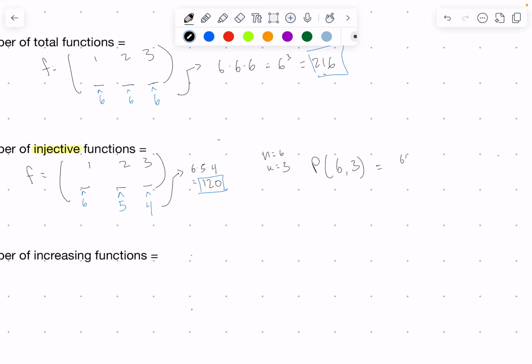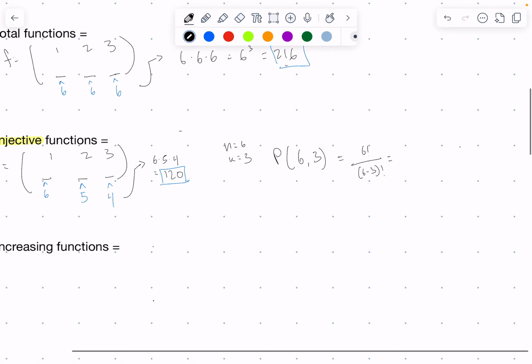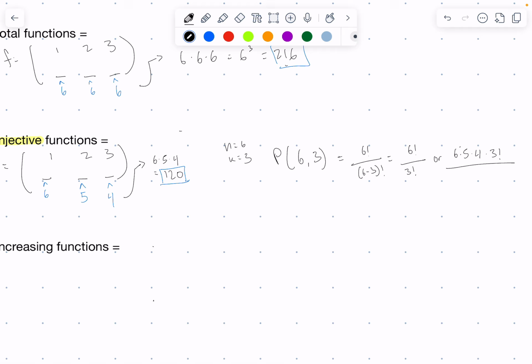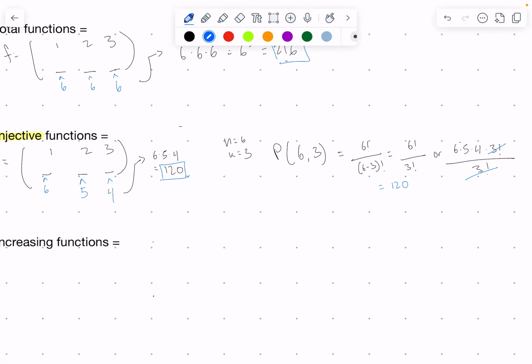That is 6 factorial over 6 minus 3 factorial, which becomes 6 factorial over 3 factorial, or 6 times 5 times 4 times 3 factorial over 3 factorial. The 3 factorials cancel out, and we're left with 120. We can see that this 6 times 5 times 4 matches the one over here.